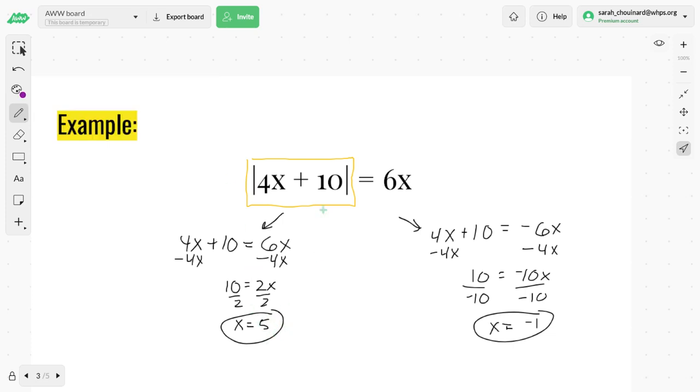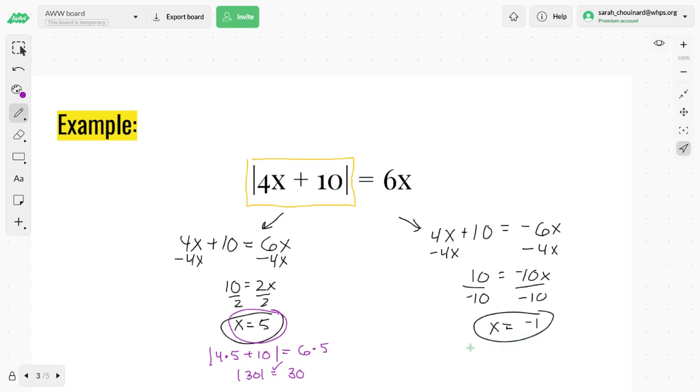So I'm going to take 5 and replace it for x in the original problem. So I get the absolute value of 4 times 5 plus 10 is equal to 6 times 5. 4 times 5 is 20, plus 10 is 30. The absolute value of 30 is equal to 6 times 5, which is 30. So 5 is a solution.